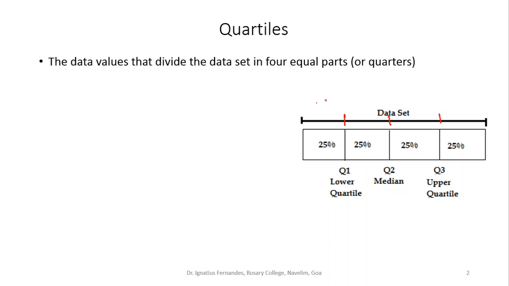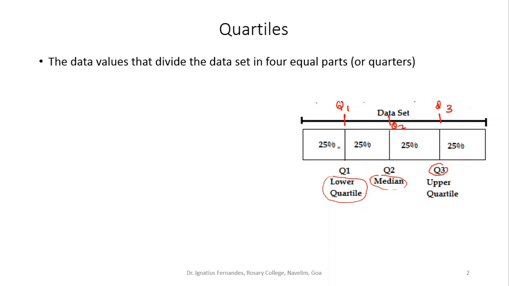This first point we say is the first quartile, that is Q1, which is also referred to as the lower quartile. I have Q2 here, the second quartile, or the median, and Q3 here is the upper quartile or the third quartile.